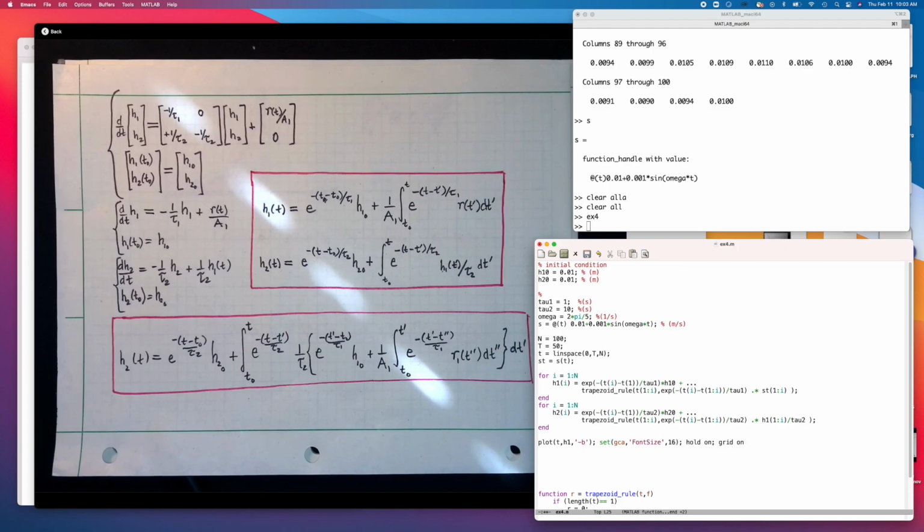Grid on. Plot t h2 in red. And then I can do my labels. X label: time in seconds. Y label: height in meters. So let's run it, see what I get. Example 4.